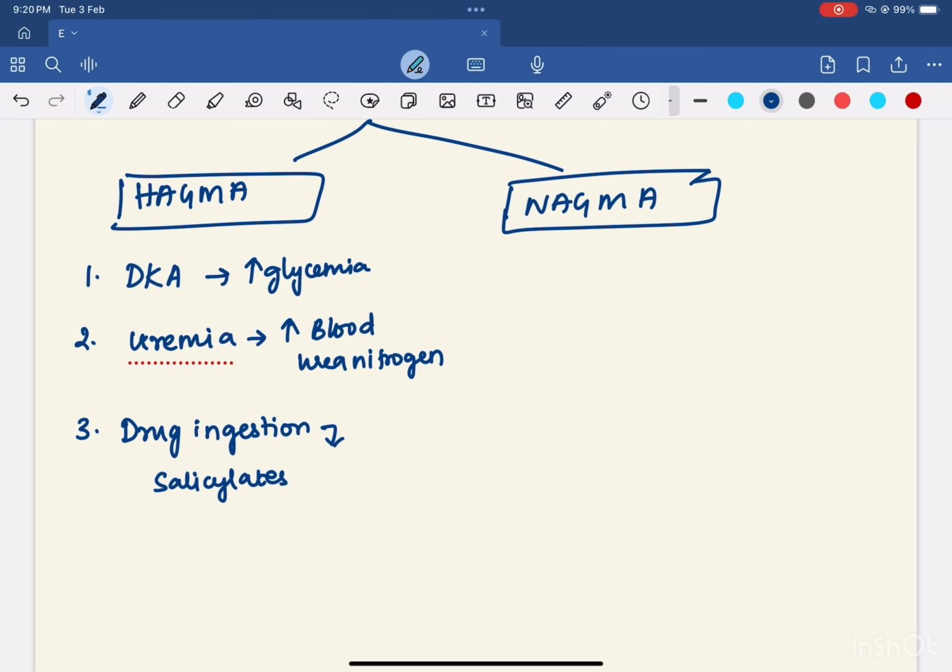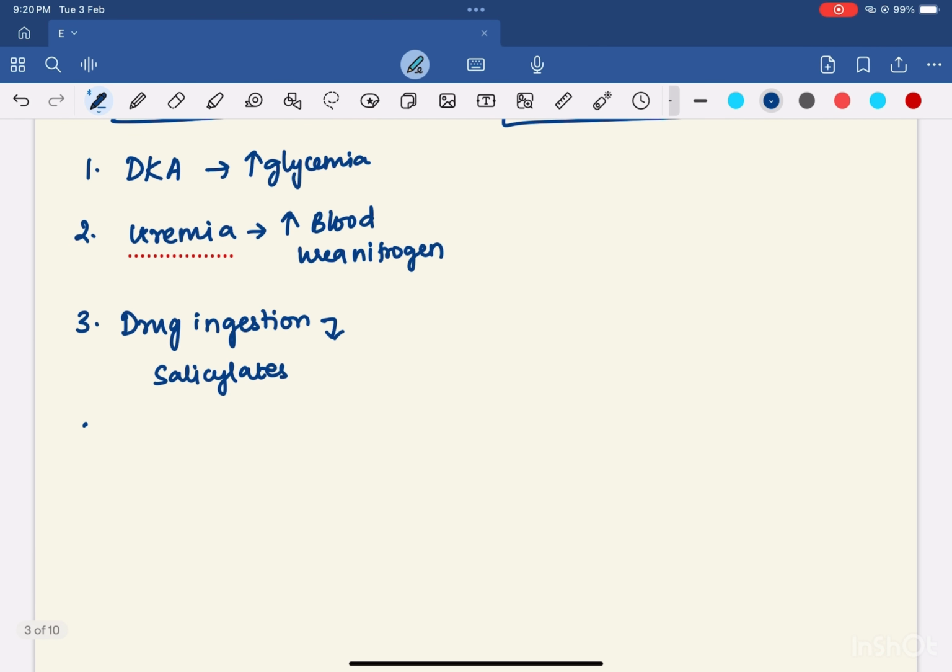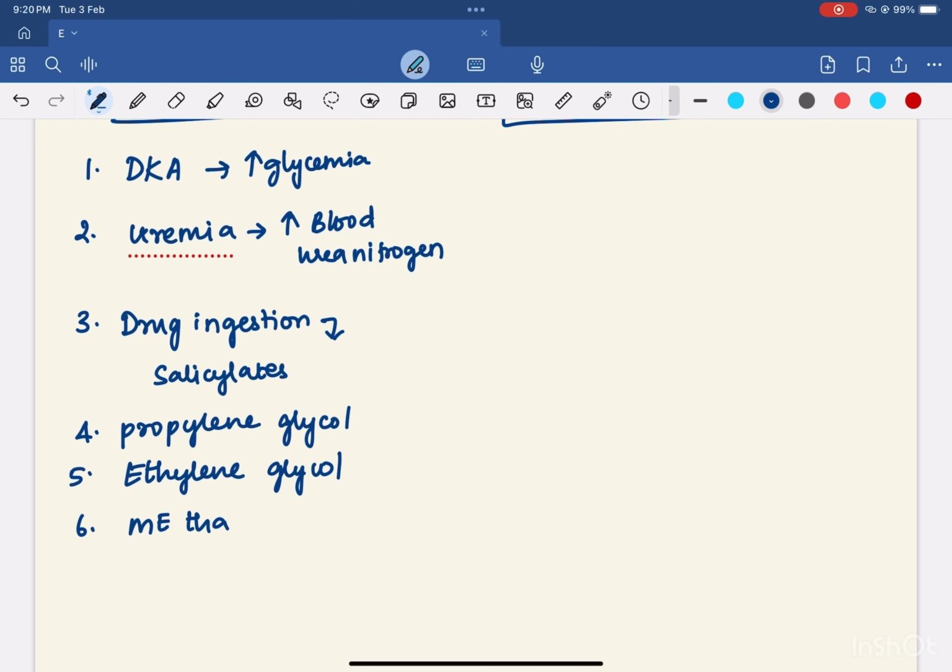And we can also see it due to propylene glycol, ethylene glycol, and methanol. And the most important one, also lactic acidosis. In this, DKA, lactic acidosis, uremia, methanol, these four are important things.